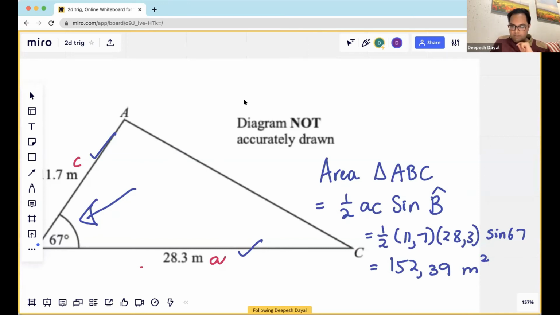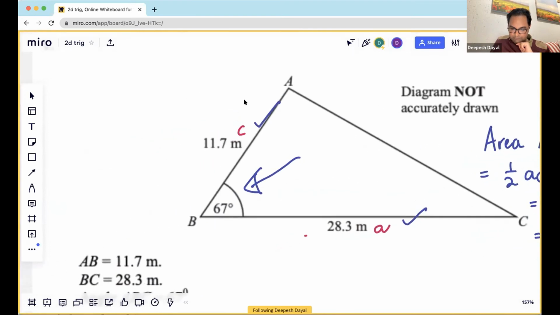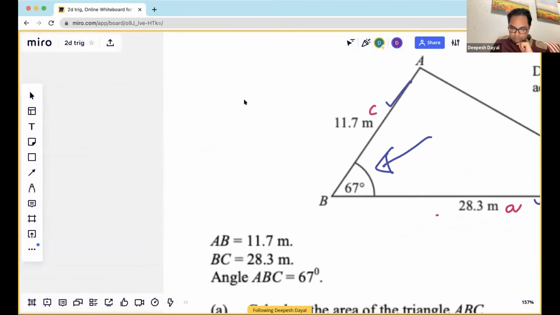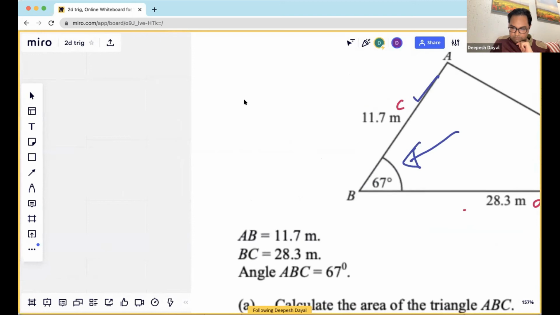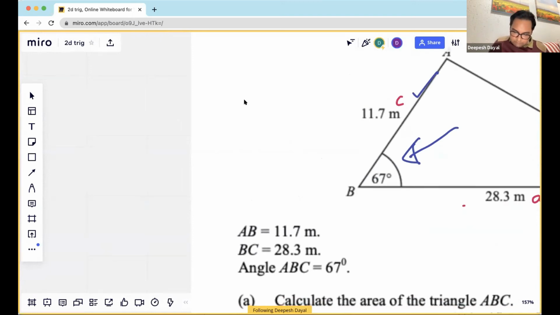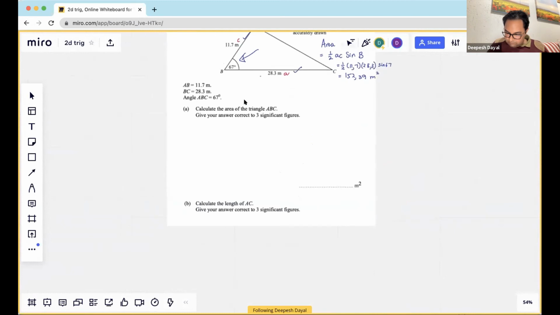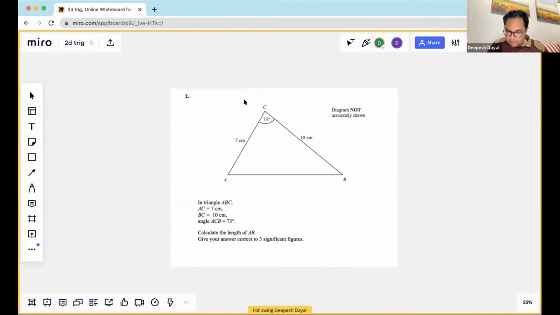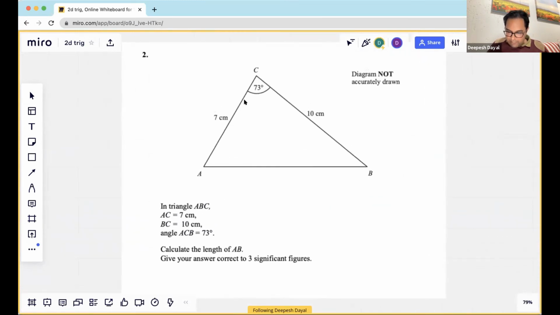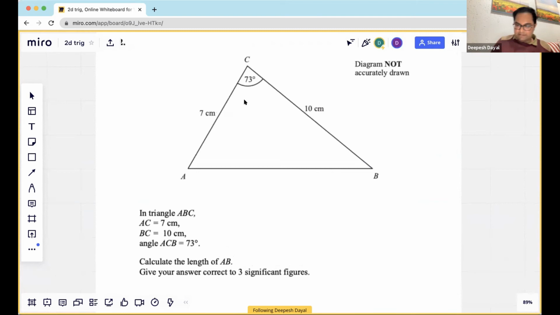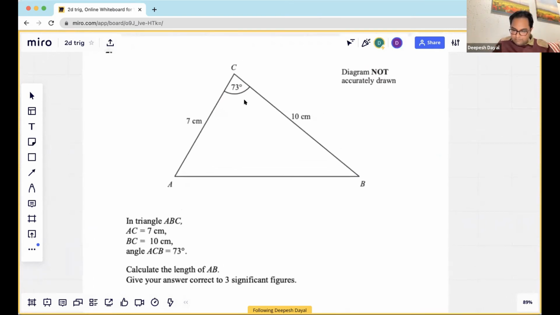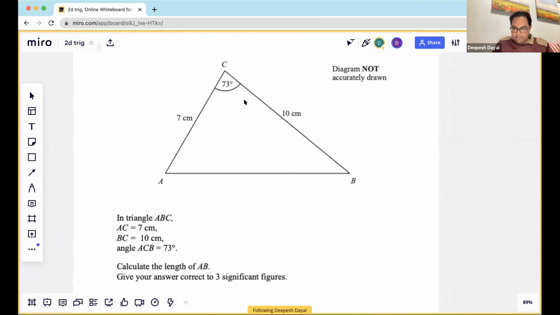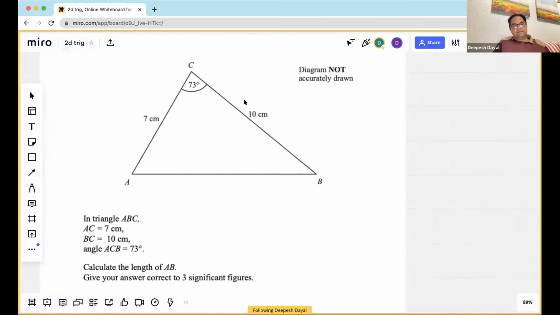Okay, let's try one more. Calculate the length of AB to three significant figures. You can just type your answer in the chat.